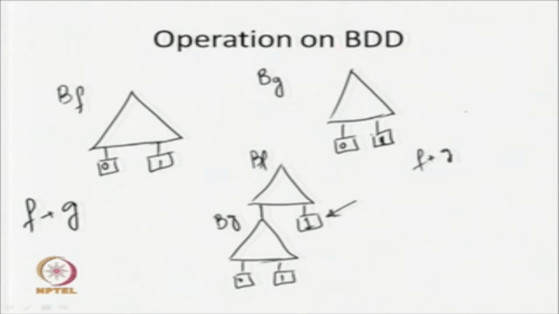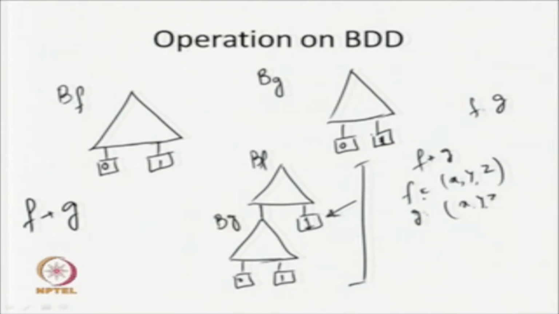Similarly, we can go for f dot g also, but what is the problem that we get here? You just see that f is a function which has some variables, say x, y, z. Similarly, g is also a function which has the variables x, y, z. You just saw that BDD bf is an ordered binary decision diagram. That means it has the variable ordering x, y, z.